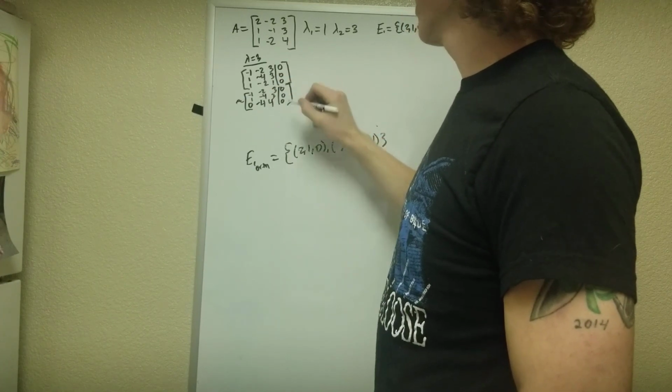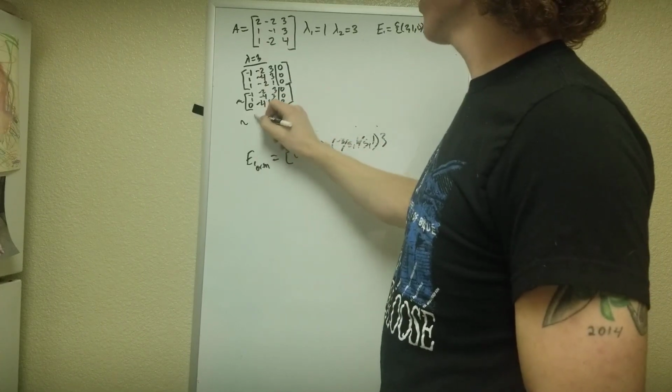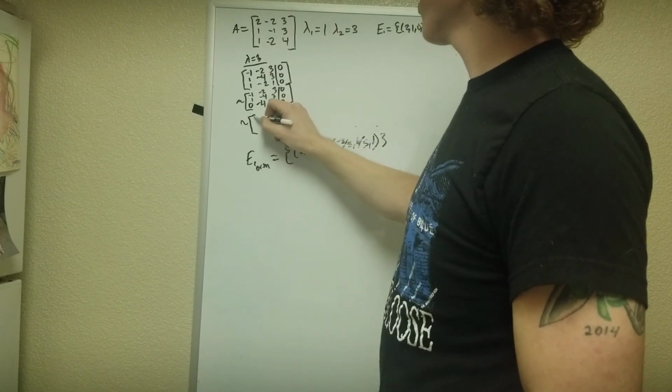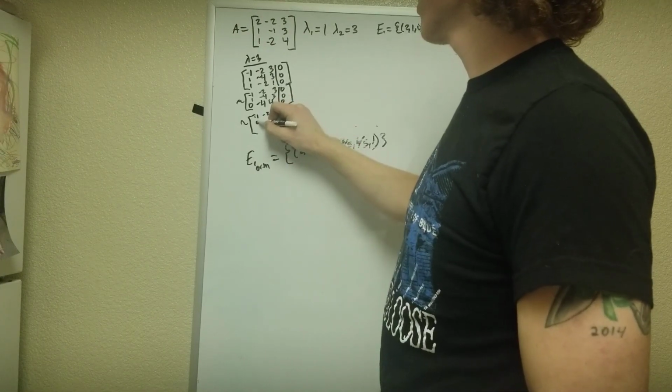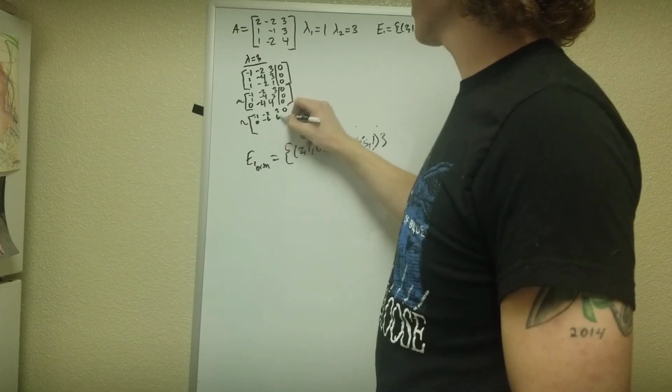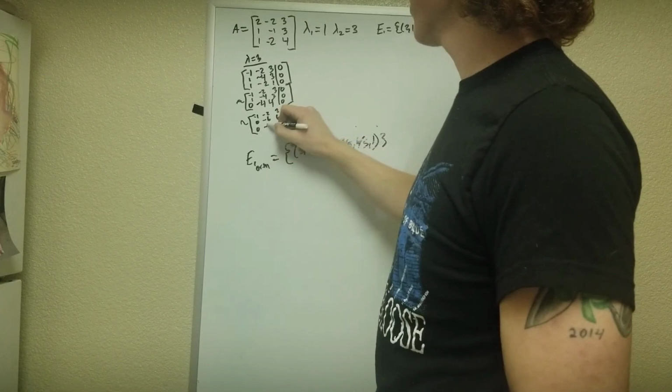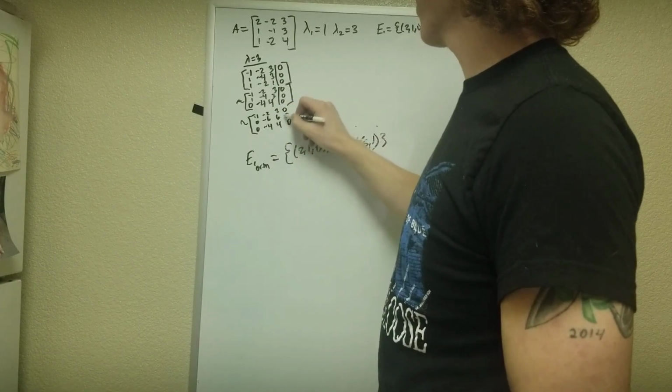Awesome. Then we take row 1 and add it to row 2, we end up with 1, negative 2, 3, 0, 0, negative 6, 6, 0, 0, negative 4, 4.